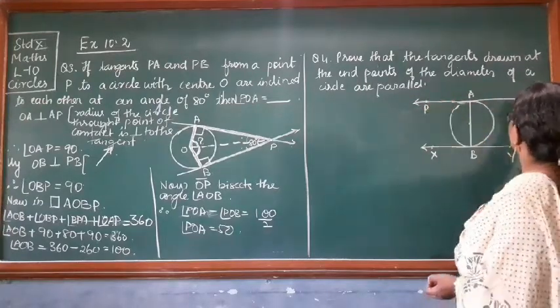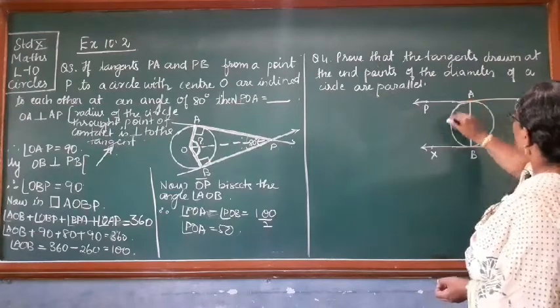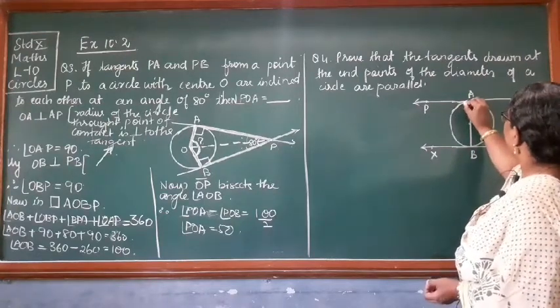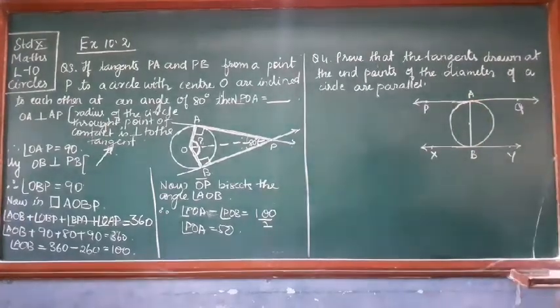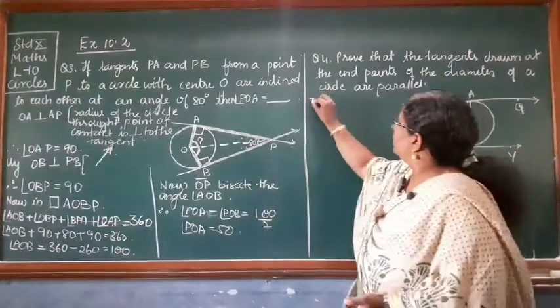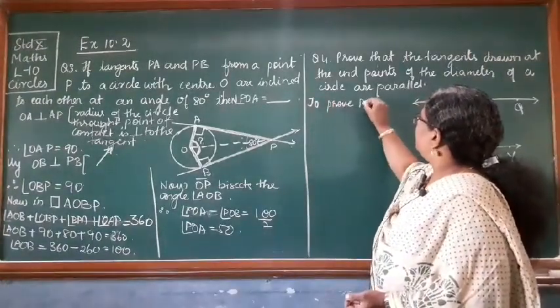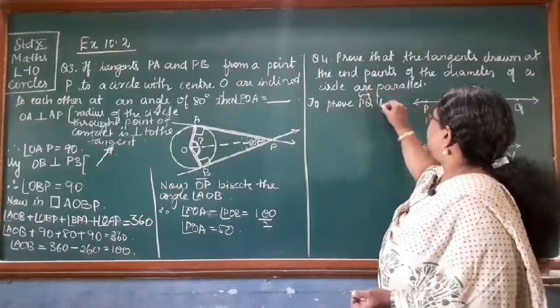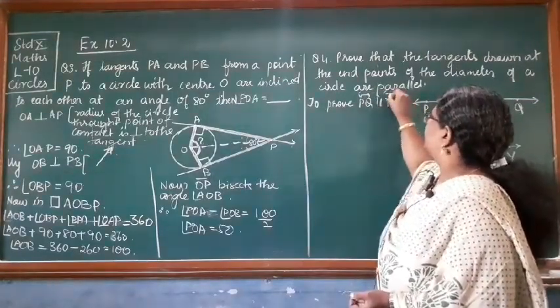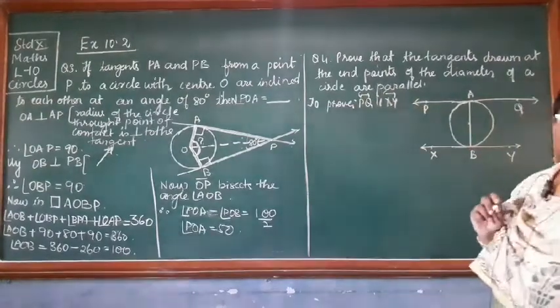Okay, this is P, this is Q. So now you are having two tangents PQ and XY. We have to prove PQ is parallel to XY. So what are we supposed to do to prove PQ line will be parallel to XY? So this is how it is.